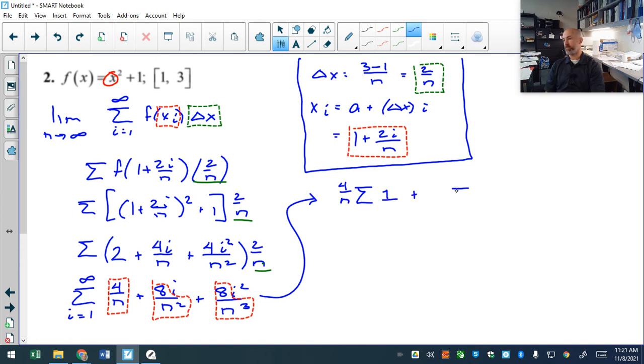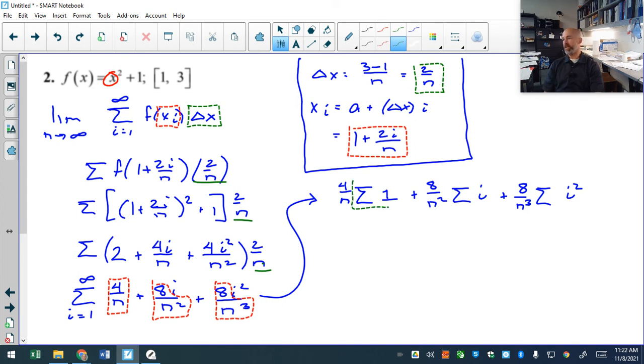Plus the next sum, I have to leave the I inside the summation, but the 8 over n squared can come out. Plus the next one is the sum of I squared. The I has to stay inside because that's the variable, as far as the sigma is concerned. 8 over n cubed can come out. And this was really my first objective.